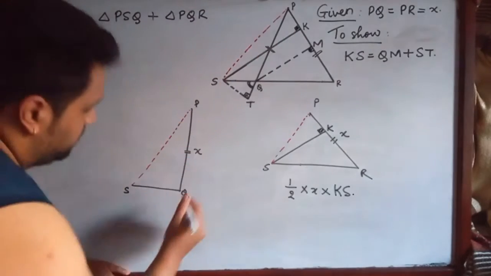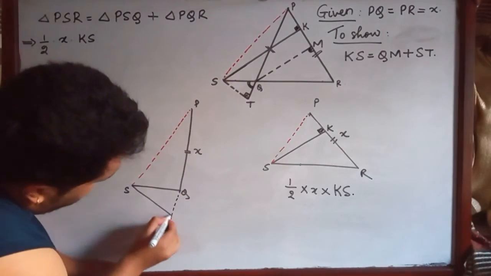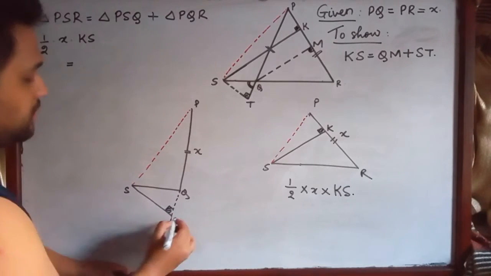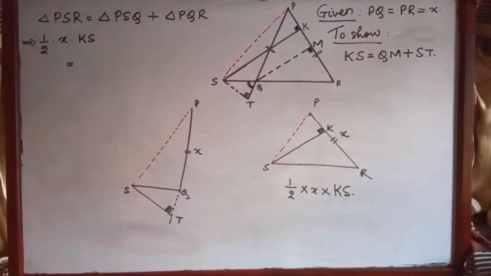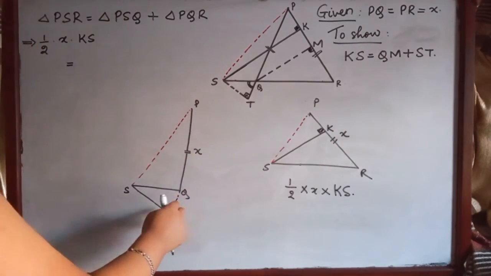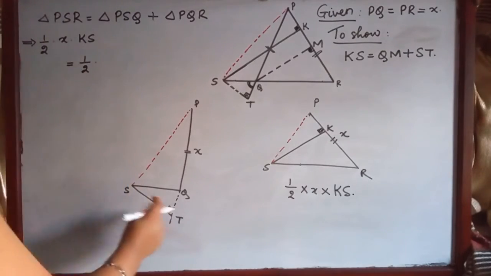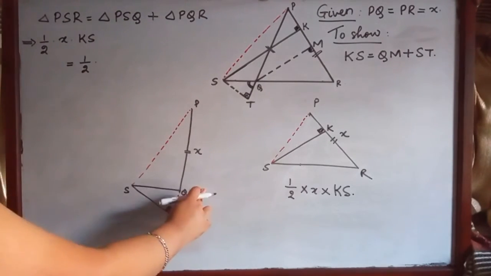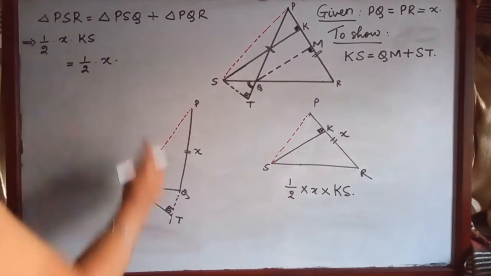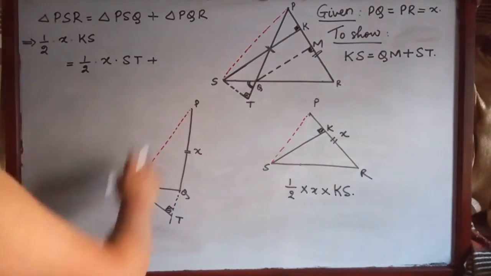Considering this triangle, we further have something like this. This is T. So again, area of this triangle is half times the base is x, and the height is ST plus.